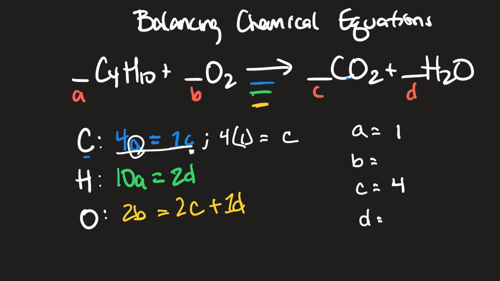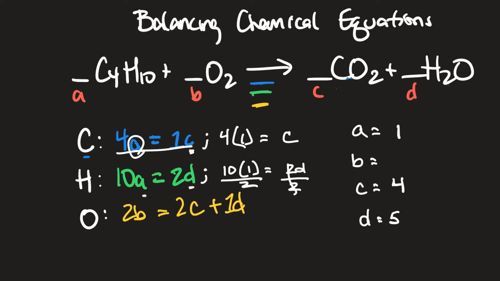Now, we know what A is, so we could solve for D. In this case, 10 times 1, because A is 1, equals 2D. So for this equation, solve for D. We divide out this 2, cancel it out, divide out this 2. So 10 divided by 2 is 5. So we know D is equal to 5.